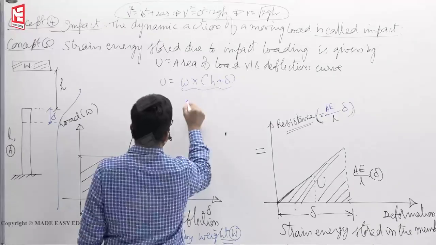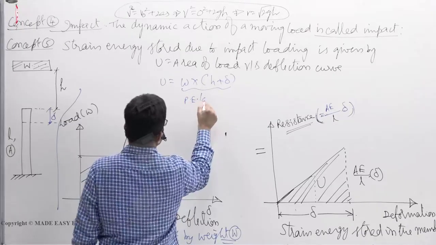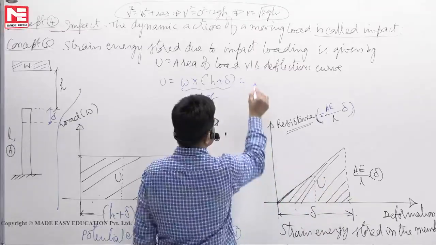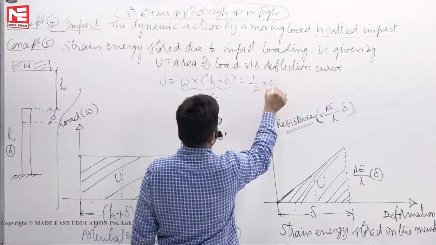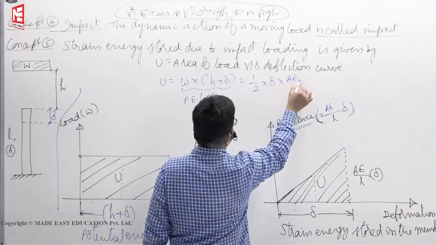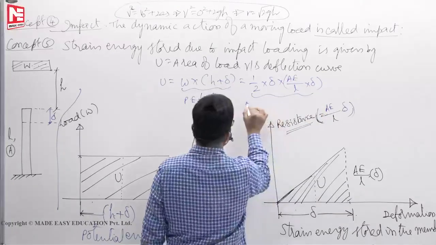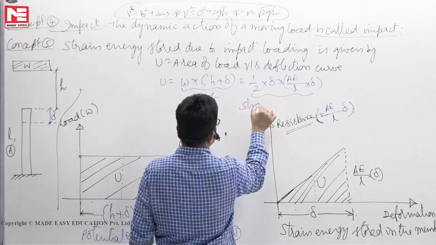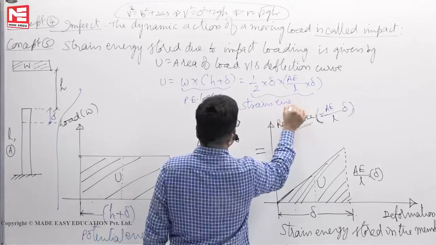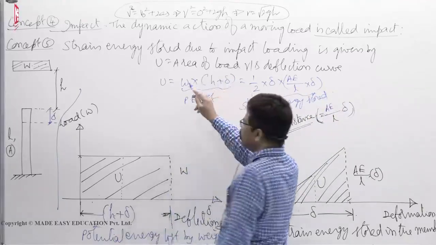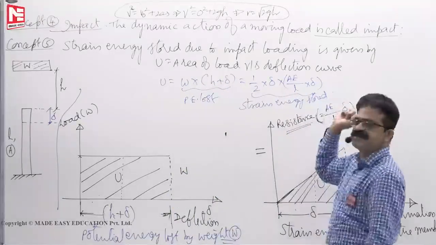This is potential energy lost. It must be equal to this area also, half delta into AE by L into delta. This is strain energy stored. Whether it is gradual or sudden or impact, these two expressions must be equal.